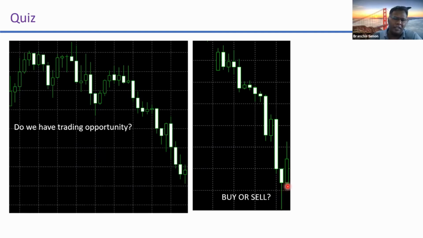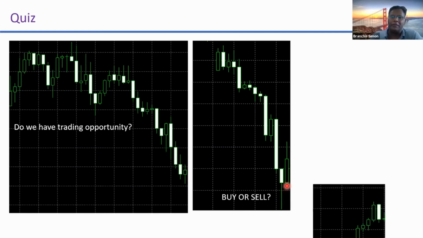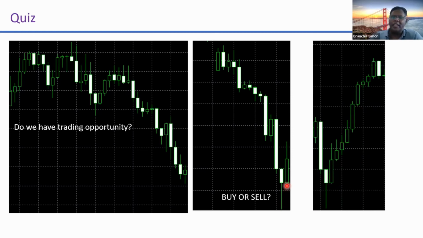So they are the risk takers. Some people wait and see for the next candle. So on the next day, if you look at this chart, another bullish candle, right? So this will reconfirm that market probably going to go up. So you can enter. Then you make your profit here. This is how you analyze the chart.